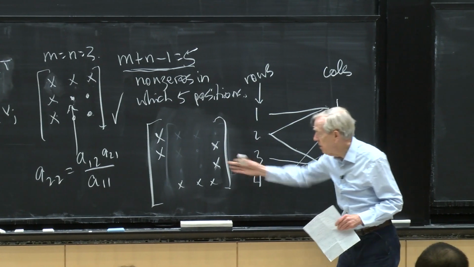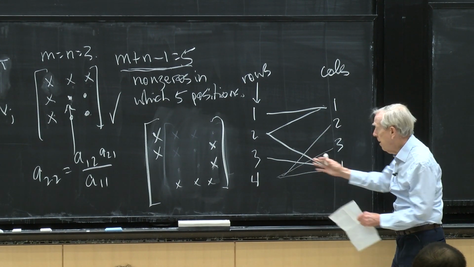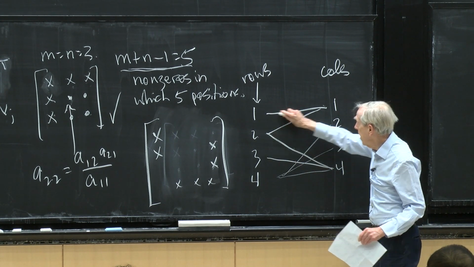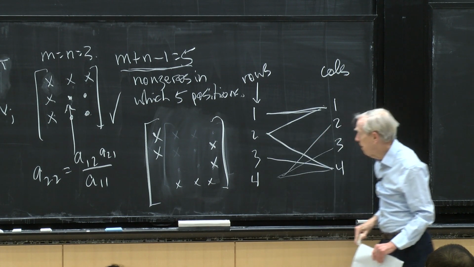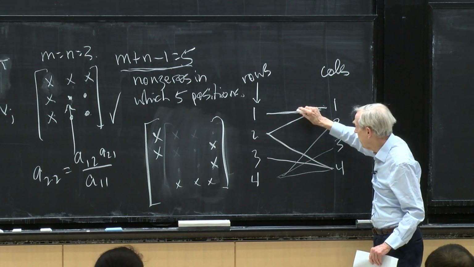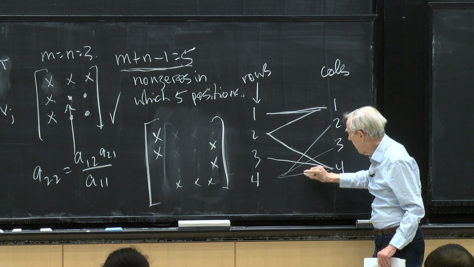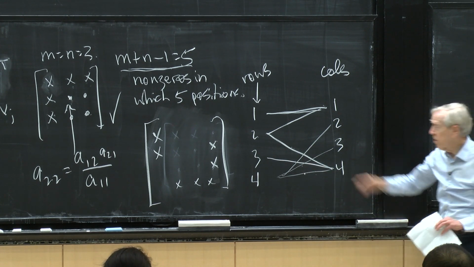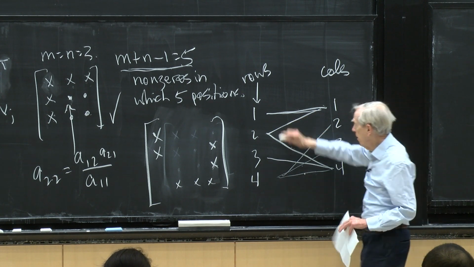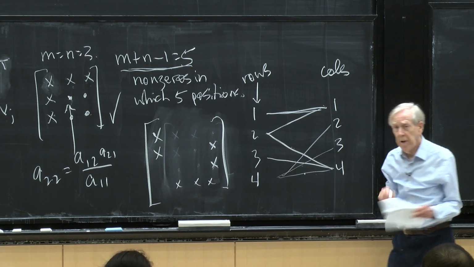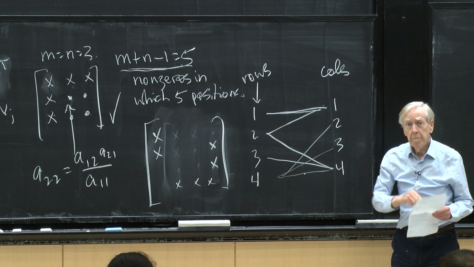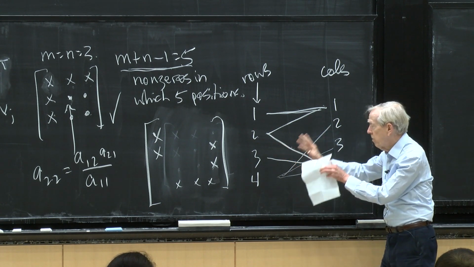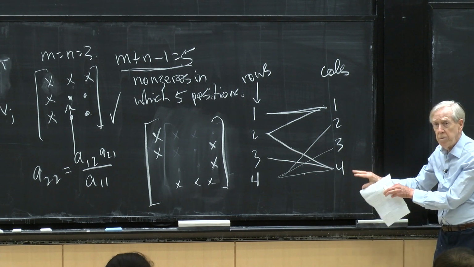If I'm given 7 positions there, this is another way to look at the same picture. I put in an edge for every x. So if I have 7 x's, I've got 7 edges. And this is called a bipartite graph. I've got 4 nodes here, 4 nodes here, so I have 8 nodes. It's bipartite because I have one part of nodes over there, one part of nodes here.